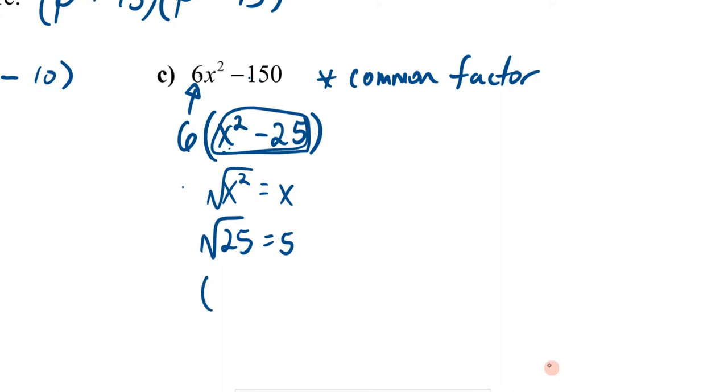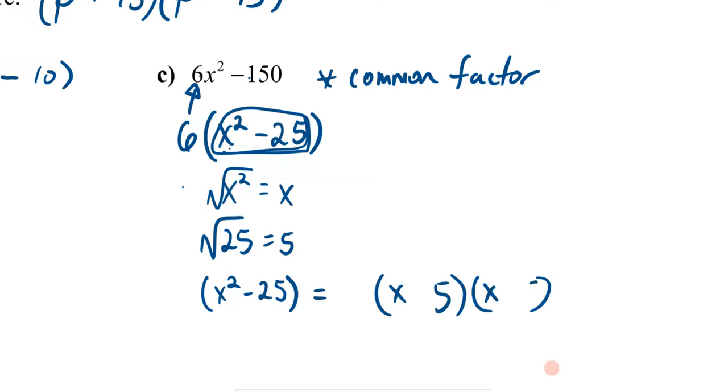So I can write x squared minus 25 as two brackets: x and 5, x and 5, make one plus and the other minus. And don't forget you still have a 6 in the front, so make sure you put a 6 in your answer as well.